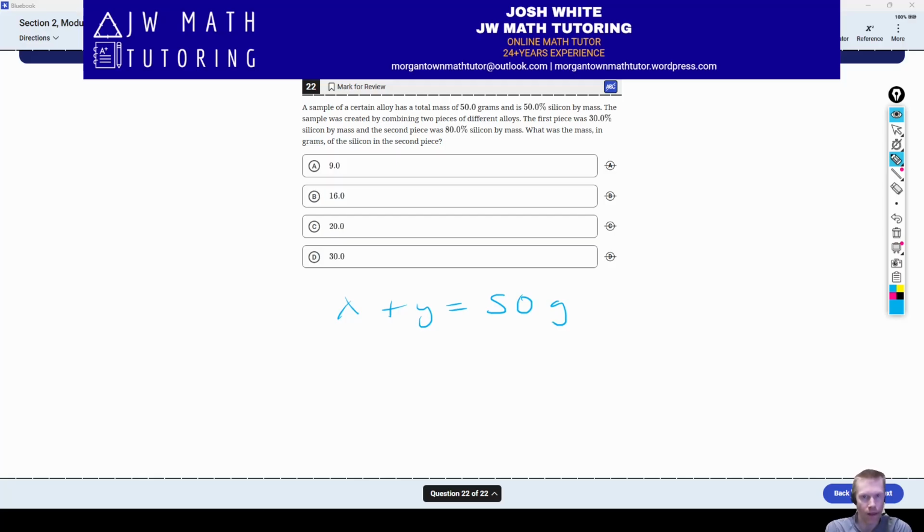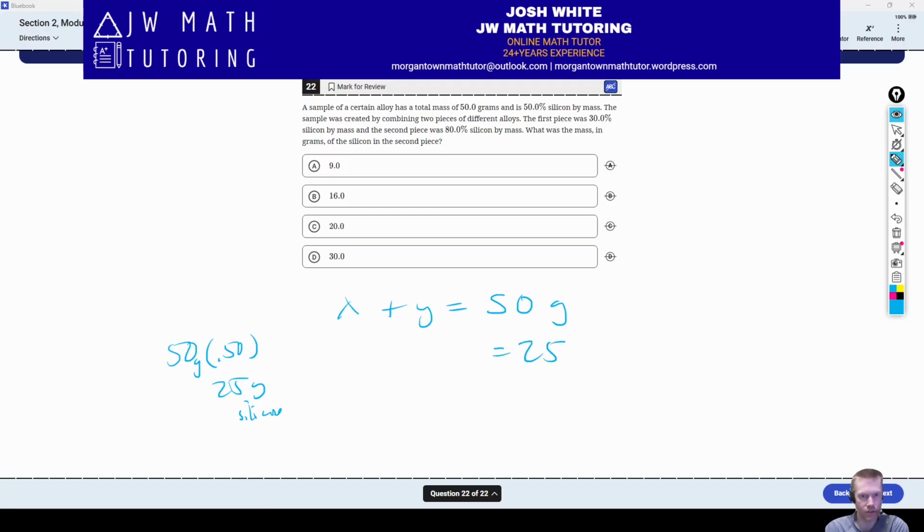And you also know it's 50% silicon by mass. So one little side calculation: it's 50 grams and 50% of it is silicon, which means that 25 grams of this are silicon.